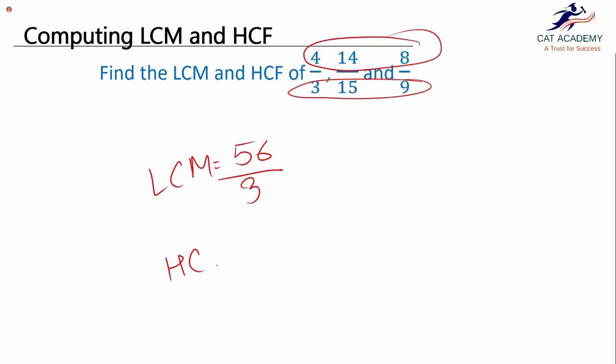And HCF will be the highest common factor of the numerators, that is 2, and the LCM of denominators 3, 15, and 9, that is 45. So this will be my HCF. Hope everyone is with me on these calculations. Let me know if anyone is having a doubt. Good to go? All right.